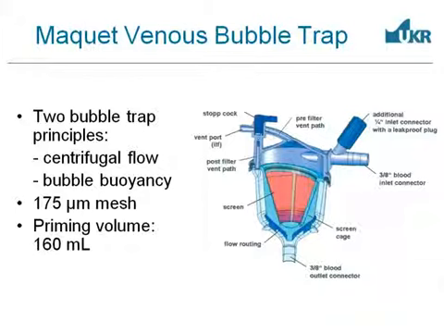The blood enters from the right side in a centrifugal flow, and because of buoyancy and gravitation, the blood goes down and exits here, while the air bubbles are eliminated on top. But what you see here is the priming volume of 160 ml, and if you look at our basic priming of 500 cc, it adds quite an amount of priming volume.